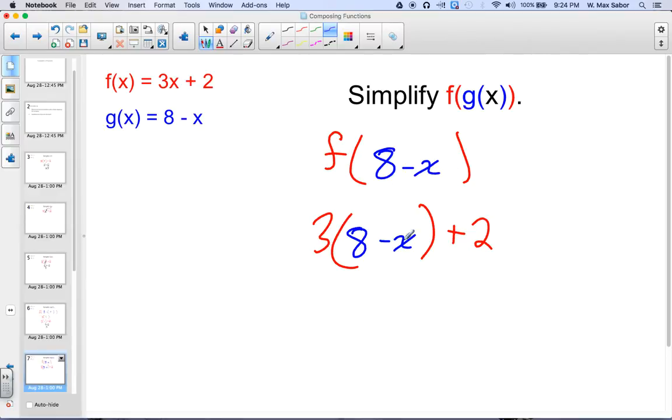So all of 8 minus x gets substituted in where x is. And that's the trick. It's important to leave the parentheses there. And then we distribute, but the key thing is to bring that whole 8 minus x and put it into that blank.